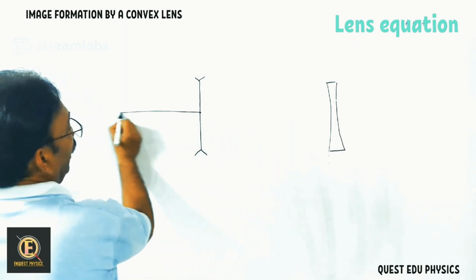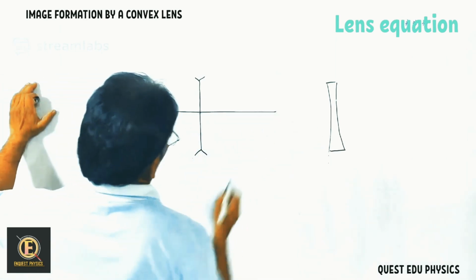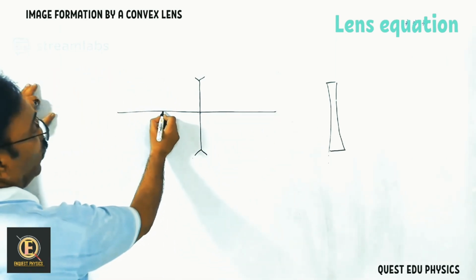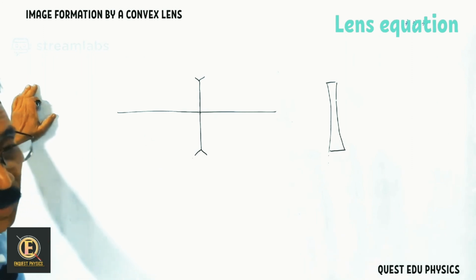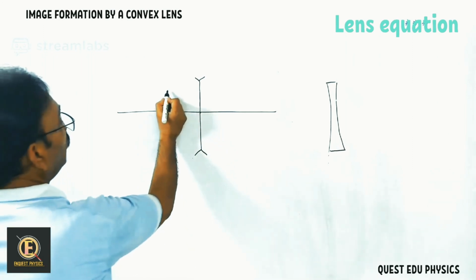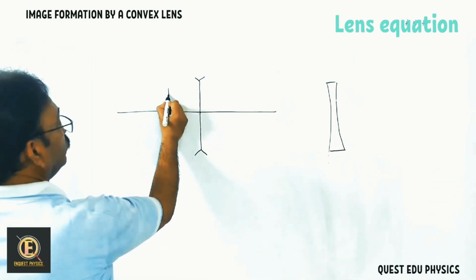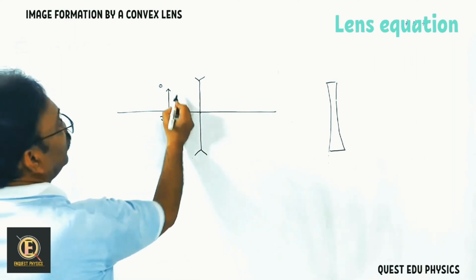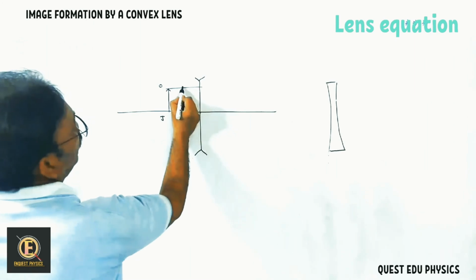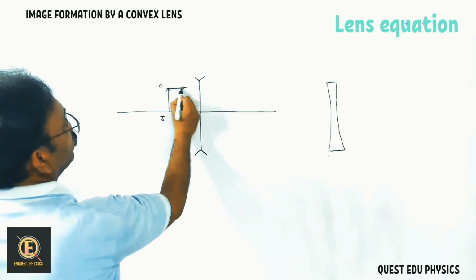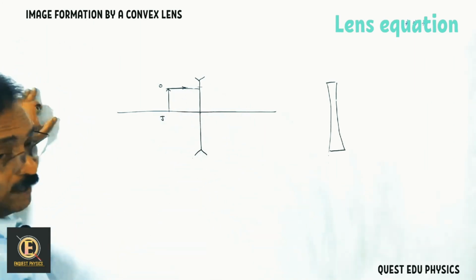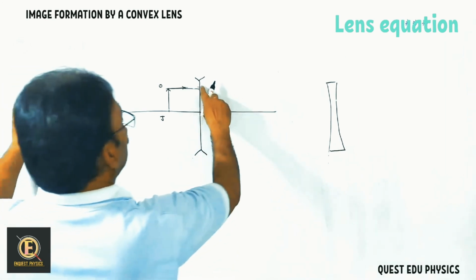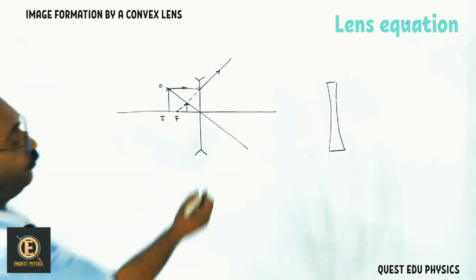One ray is proceeding in this way. As you know that a concave lens is the diverging lens, the ray might pass in this way, it gets diverged. If I extend it back, it appears to be intersecting the principal axis at a point, and we call it the focus. And you know, students, where we will find the image.